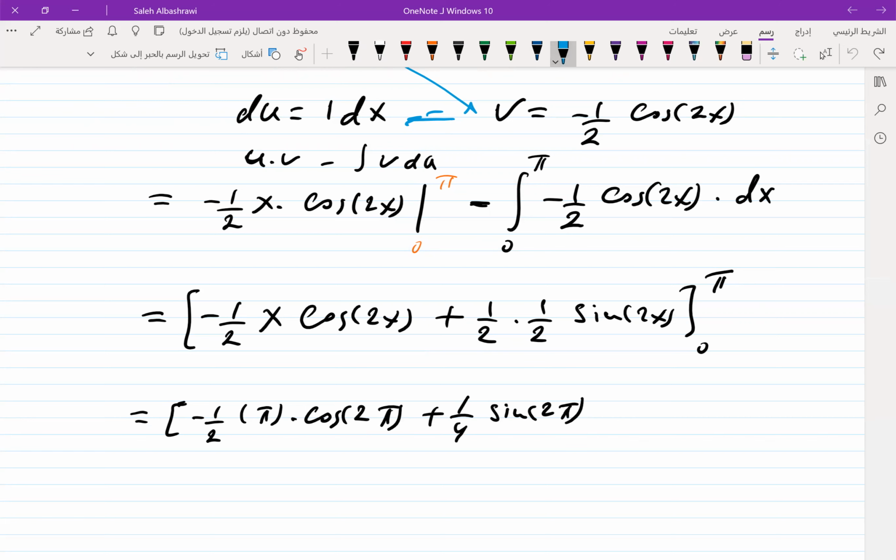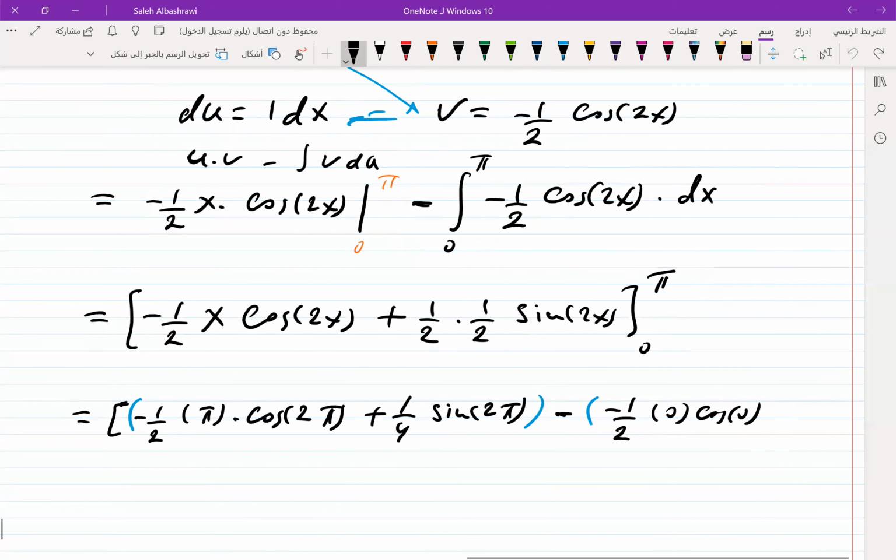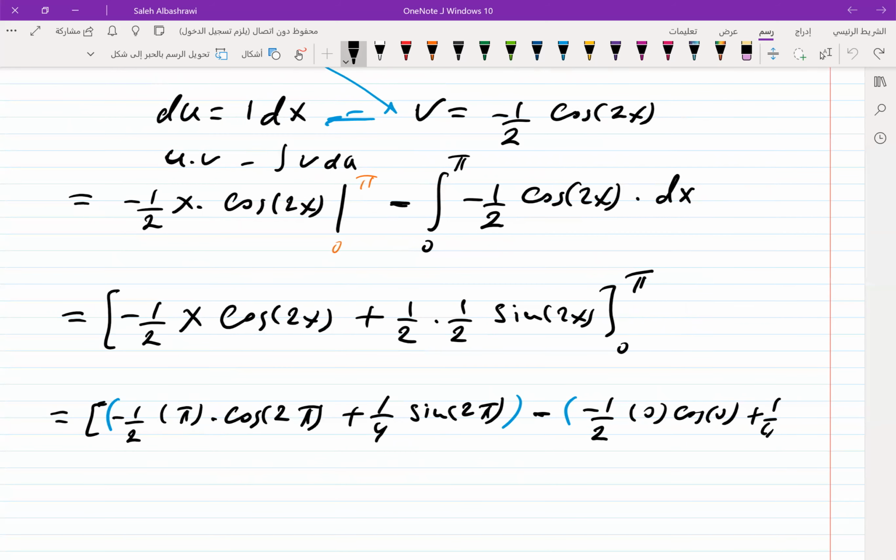This is the value of the function at the upper limit, minus the value at the lower limit. That will be minus 1/2 multiplied by 0 cosine of 0 plus 1/4 sine of 0.